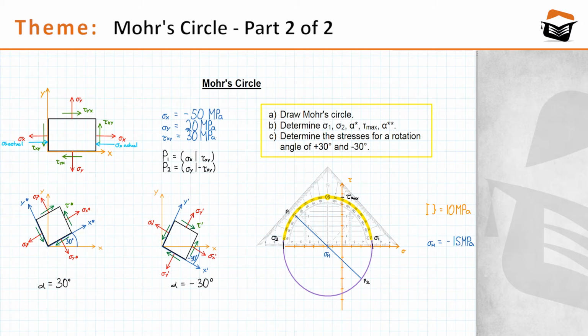And I'm going to mark a point here. Let me remove the protractor. And now I need to draw a straight line that connects this point, sigma m, and the intersection with the perimeter in the lower tau region. That's my new line.